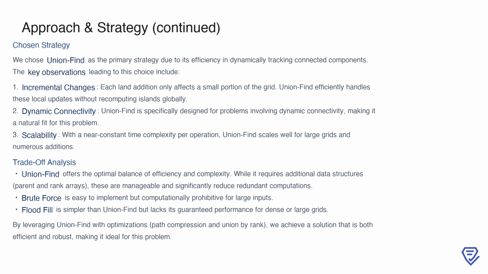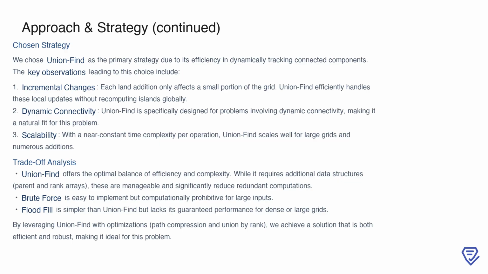One of the key insights supporting this choice is that each land addition impacts only a small portion of the grid, making union find's localized updates extremely effective. Additionally, union find is specifically designed for problems involving dynamic connectivity, making it a natural fit for this scenario. Its scalability is another major advantage, with near-constant time operations enabling it to handle large grids and numerous additions efficiently.